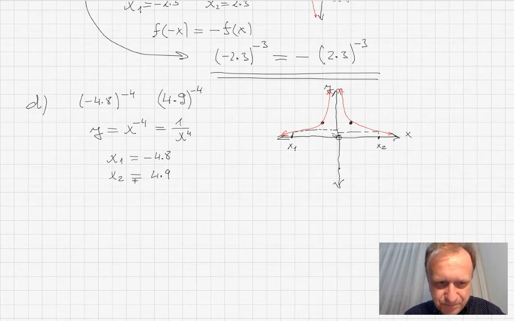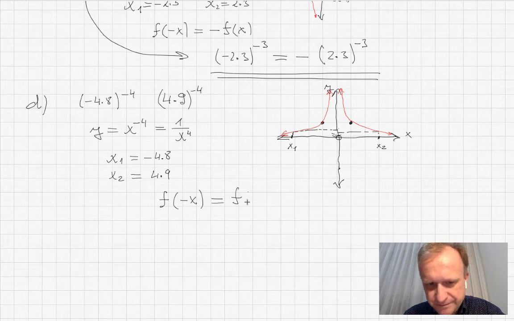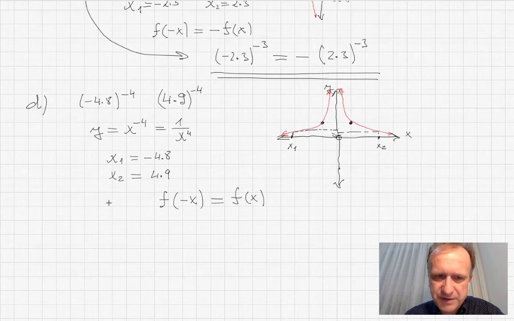Okay. So now this function definitely is even. So if the function y equals x to the power of minus 4 is even, it means that f of minus x equals f of x. And we can use this to our advantage as follows.